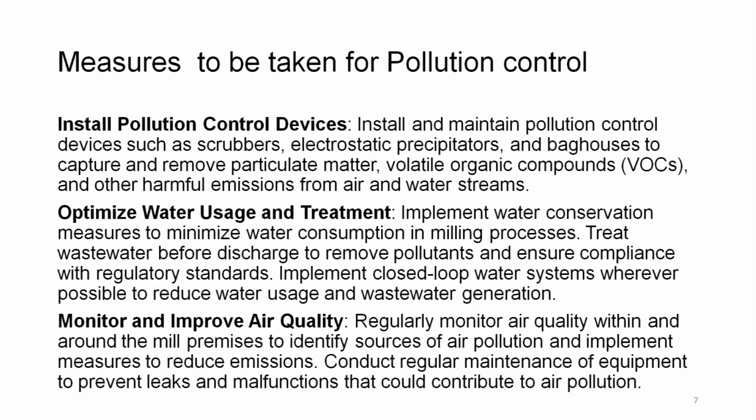So, in every way there should be an exercise to monitor and to keep the air quality good in an improved manner. How the regular monitoring of the air quality can help to do that.